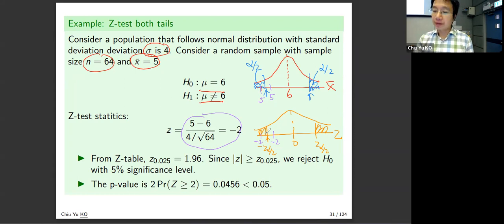Okay. The p-value you calculate is -2 on the left-hand side. This area you have to multiply by 2. You have to multiply by 2 because you actually don't know which side you're in, right? Actually, before you do it, 5 and 7 are the same to you, right?